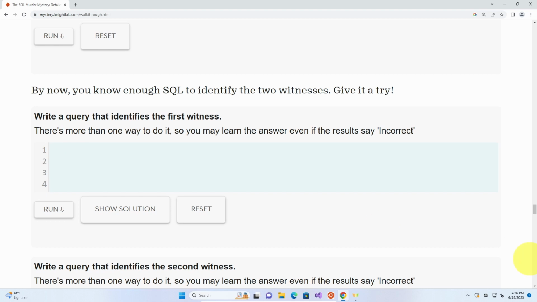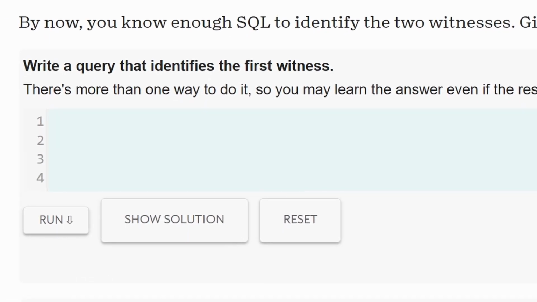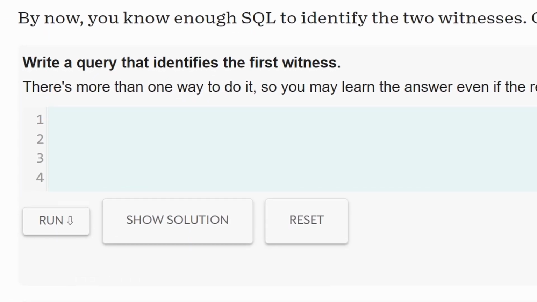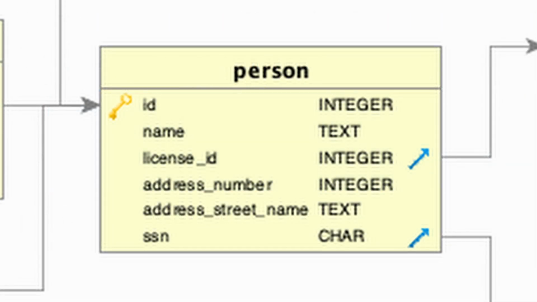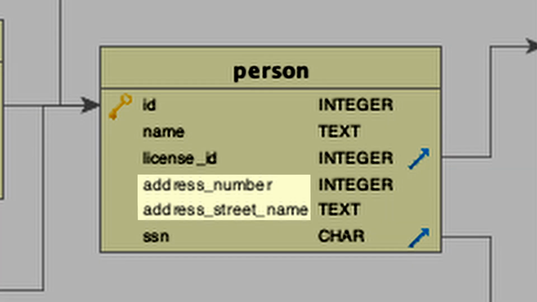Based on the information we gathered from the crime scene report, we can search for the first witness, who is reported to live on Northwestern Drive, at the last house on that street. The person table includes the address number and address street name columns, so we can search that table.